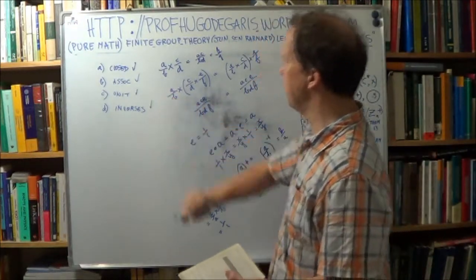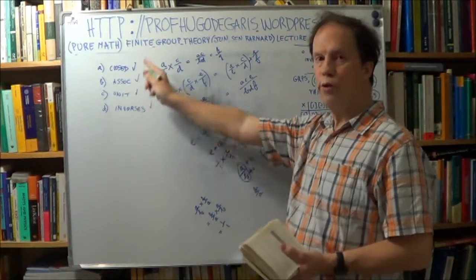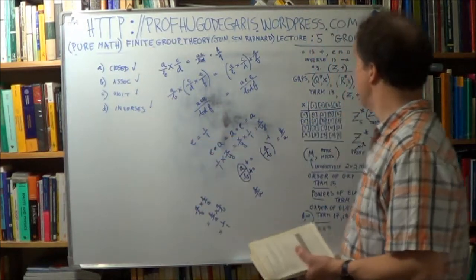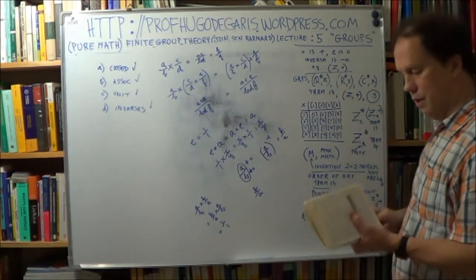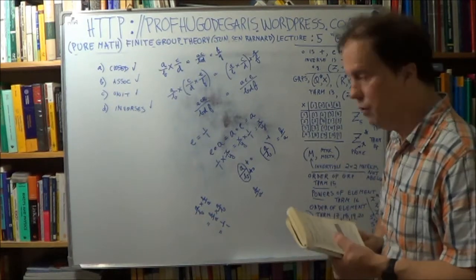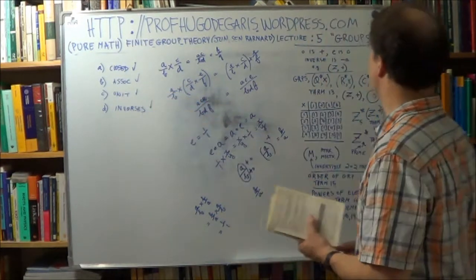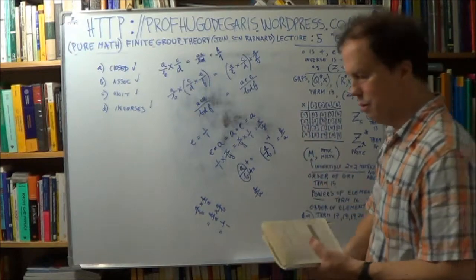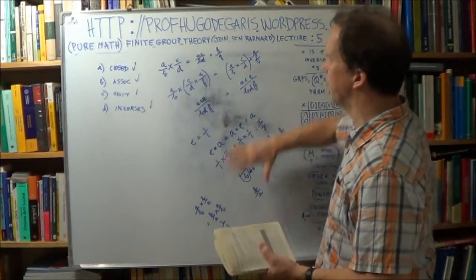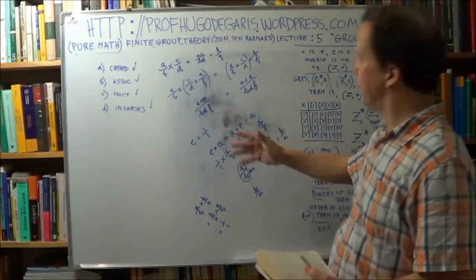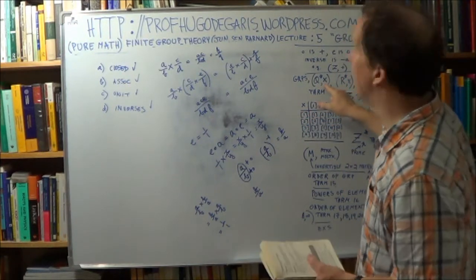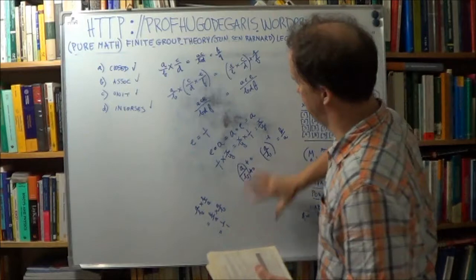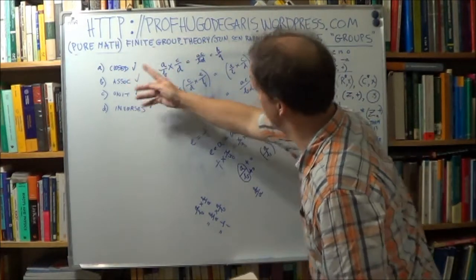So all four properties are satisfied, and therefore this set with this operator is a group by definition, because these four properties are satisfied. Now, without going into all these details, I've given you one detailed proof that that particular set and that particular binary operator is a group. I proved it here. It satisfies all four conditions.